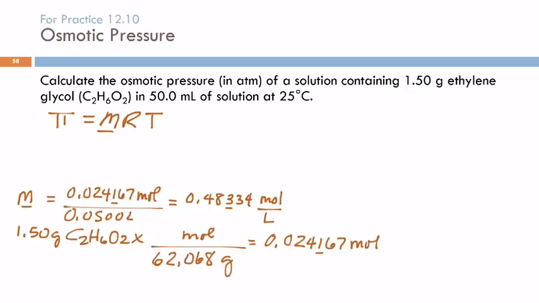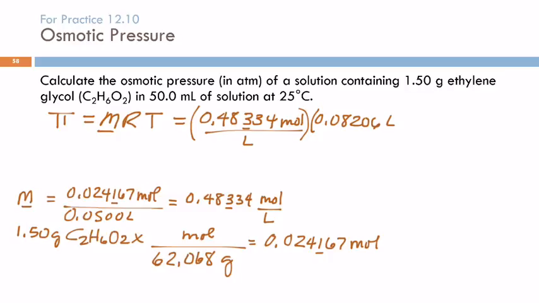So that's the first term in the osmotic pressure equation, 0.48334 moles per liter. And then we're going to multiply by R, the ideal gas constant, 0.08206 liter atmospheres per mole Kelvin. And when you stick the units in there, then you see, oh, I need that temperature in Kelvin.